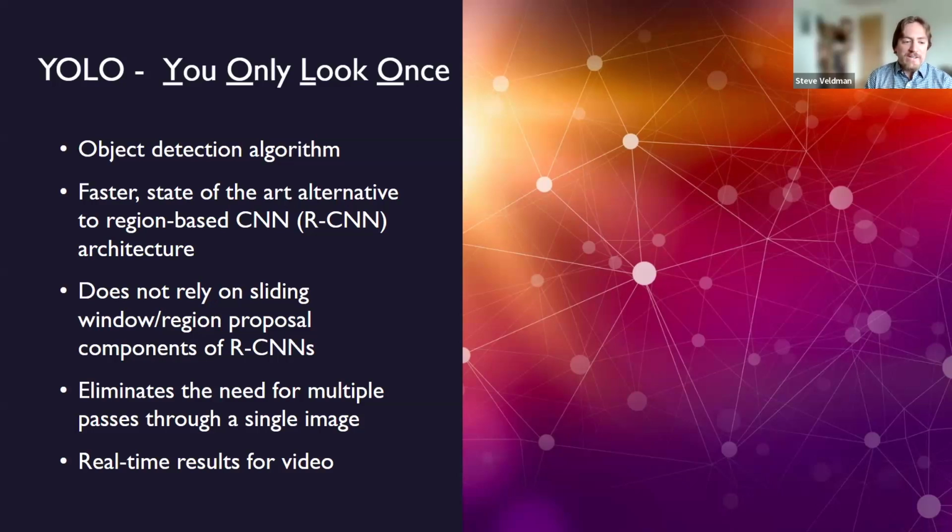It doesn't rely on the sliding window region proposal stage that our CNNs required, which required it to take multiple passes through an object before it could make predictions. This is really nice for us because not only is that computationally efficient, but it opens up the possibility of using this algorithm for real-time inference on video streams, which we'll have a little fun with in a bit here in a demo.